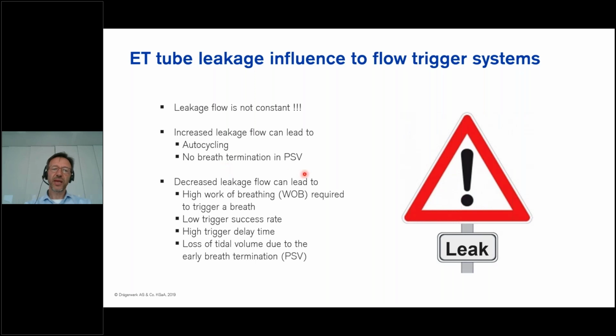And even if we have properly adjusted the trigger threshold and also the termination criteria for pressure support ventilation, if the leakage is then decreasing, high work of breathing can be the consequence to trigger a breath, as well as low trigger success rate, high trigger delay times, and loss of tidal volume due to early breath termination.